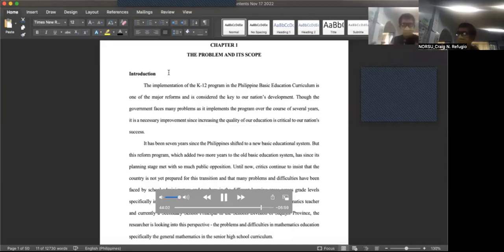Okay, margin, take down the margin. When you look at the paper, the margin should be left side 1.5, then all the other sides 1 inch.